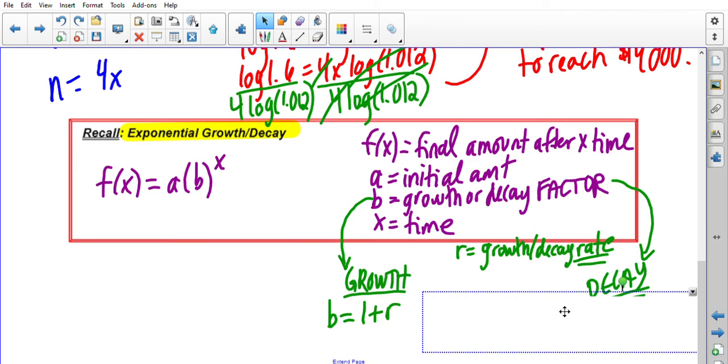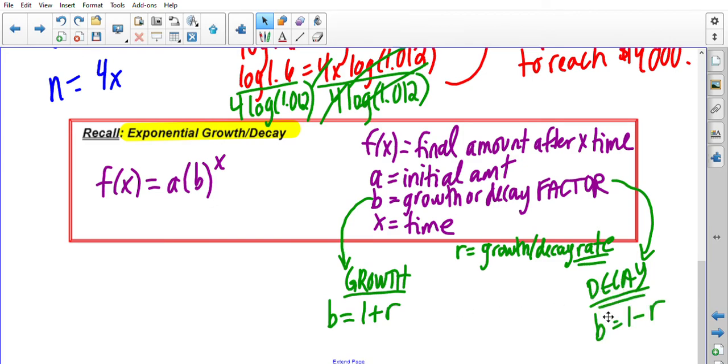Decay is the opposite. You don't keep 100% of yourself, you lose a certain percentage. So you do 1 minus r when r is the decay rate. And x in this case is time, and it could be days, months, seconds, whatever the question gives you.